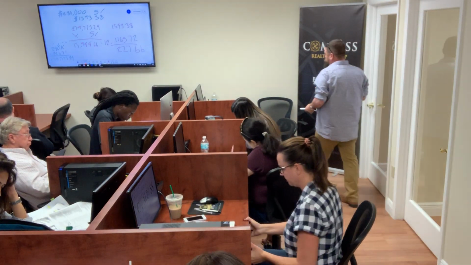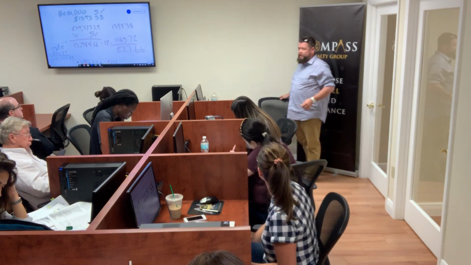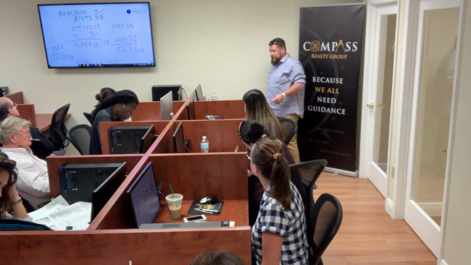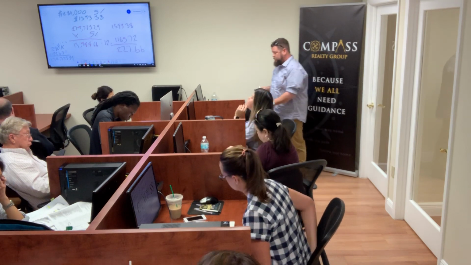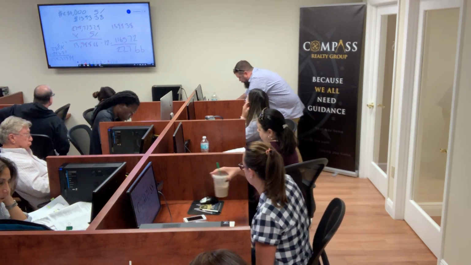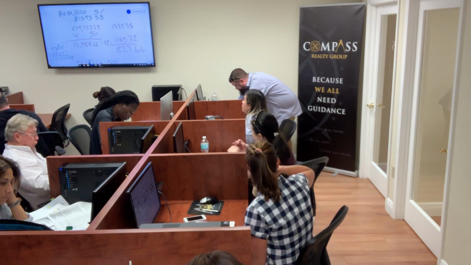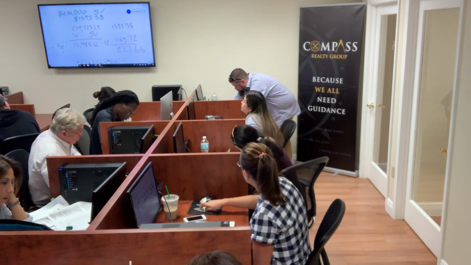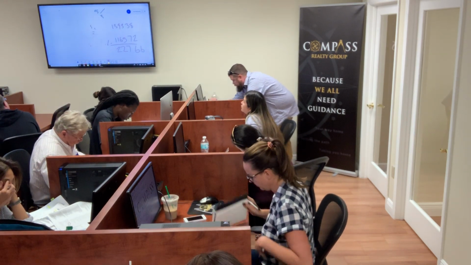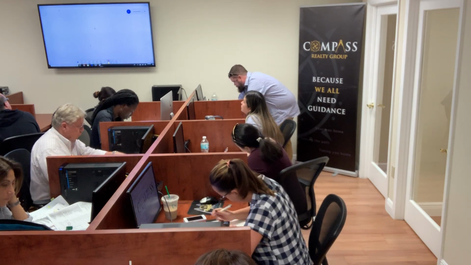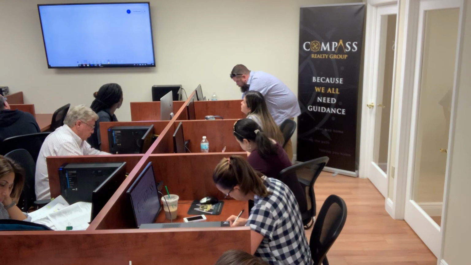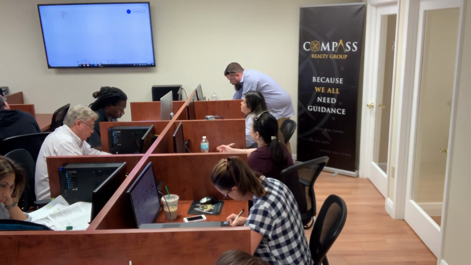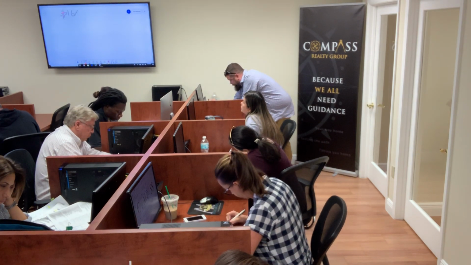So we're going to practice this one more time in a different scenario you may see on the state exam. And that is prorations on an assumed mortgage, all right? So you'll get something along the lines as follows. Mortgage balance is $160,000.